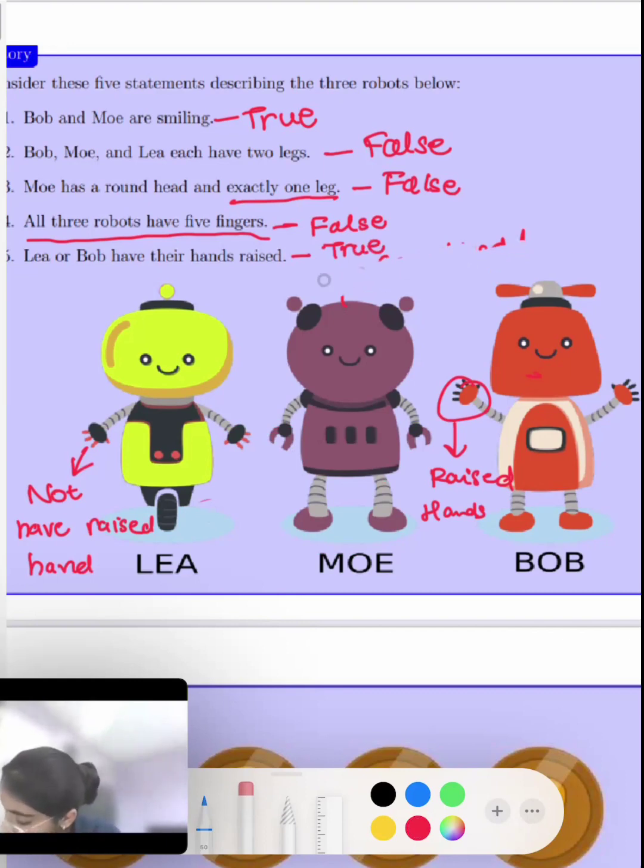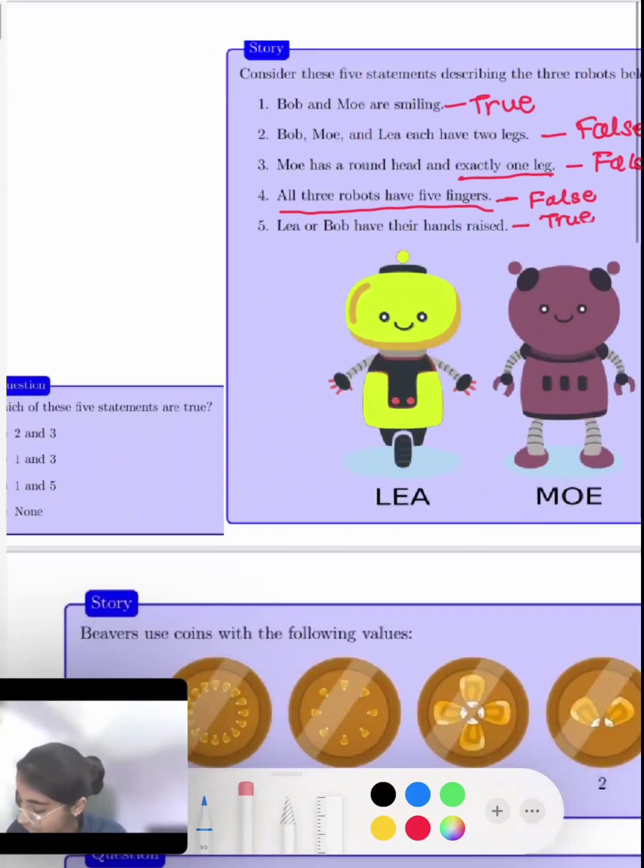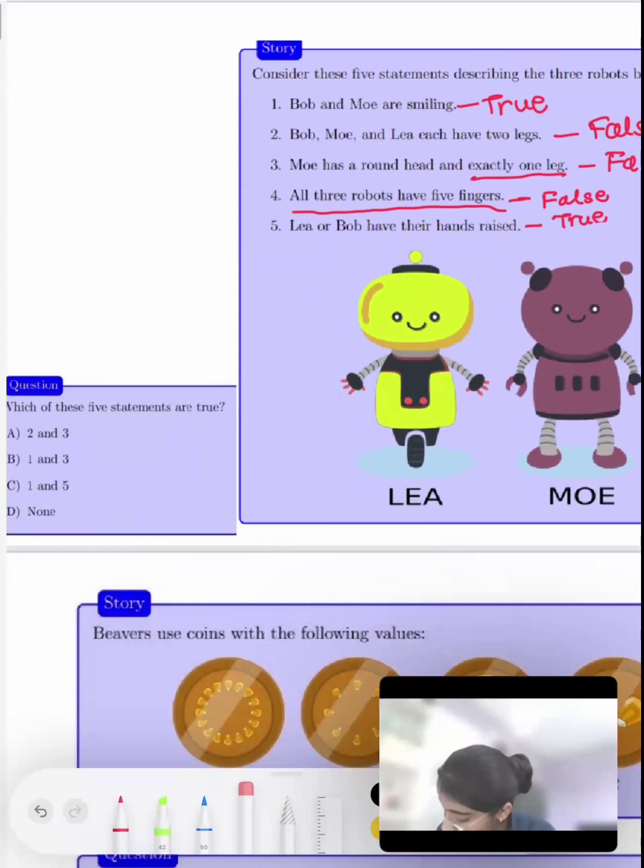So now we have two statements out of these five that are true. The first one and the fifth one. I'm just going to circle those.